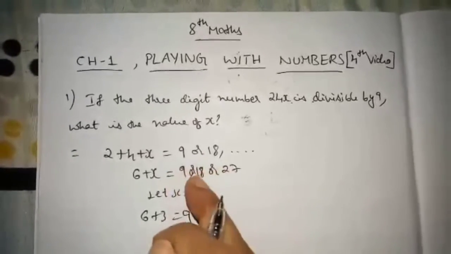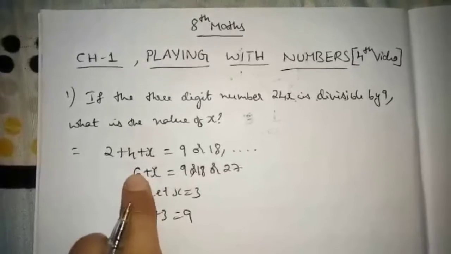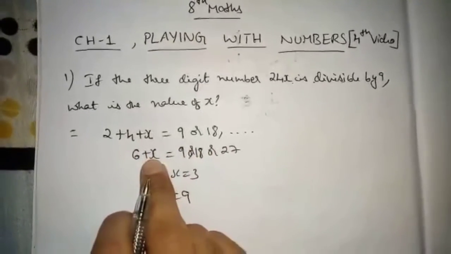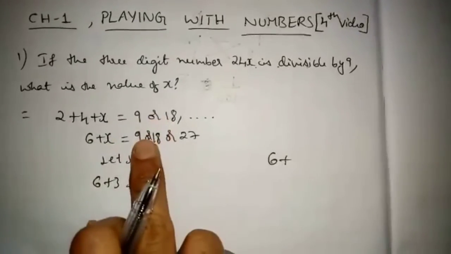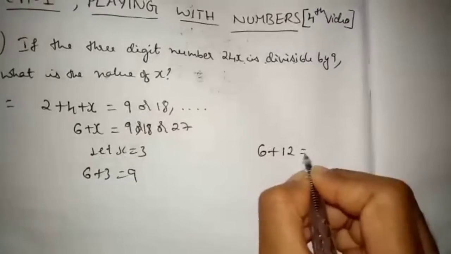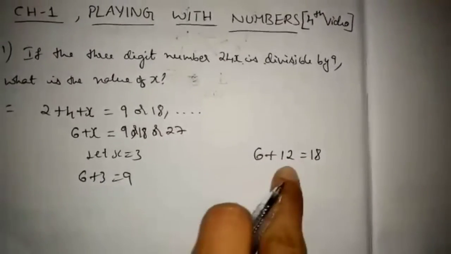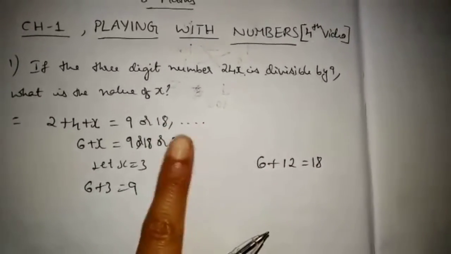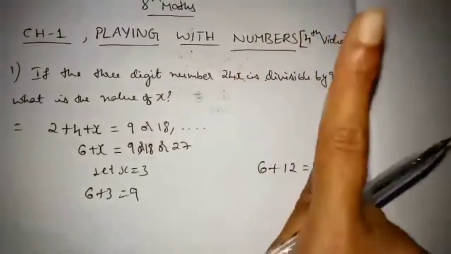So 6 plus what should be the value of x to get 18? 6 plus 12 is 18, right? But x is a single digit. One variable can take only one digit.